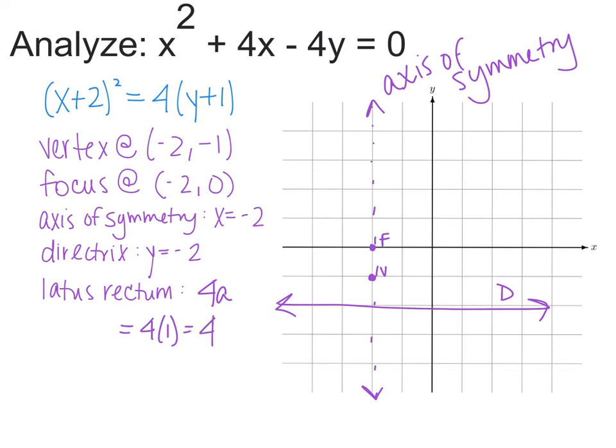So if I split that in half, that means 2 spaces from the focus on both sides, perpendicular to the axis of symmetry and parallel to the directrix, those are my 2 points that make up the edges of the latus rectum. And that helps me graph my parabola.